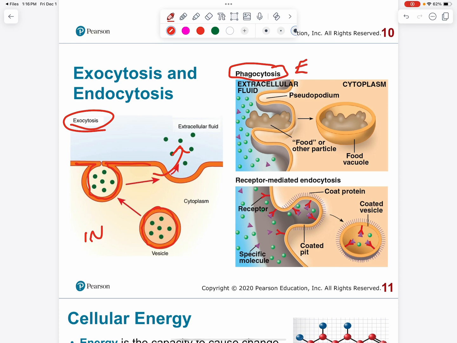This is endocytosis. And here's the glob of food. It's too big to fit through a protein, so you can see the pseudopod is going to wrap itself around it to the point where it will be pinched off right there and become this membrane-enclosed vacuole.